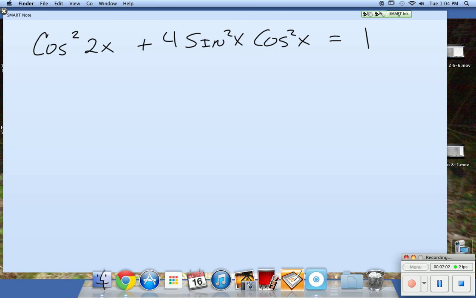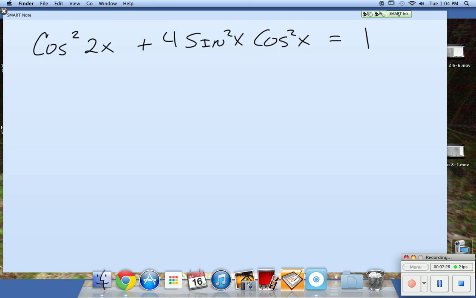What's the original Pythagorean identity? Sine squared of theta plus cosine squared of theta equals 1. Well, I've got cosine squared, and it says 2x here, like it's a double angle, but I could call 2x theta, couldn't I? It's still just an angle, right? So what do I need over there? I need a sine squared.